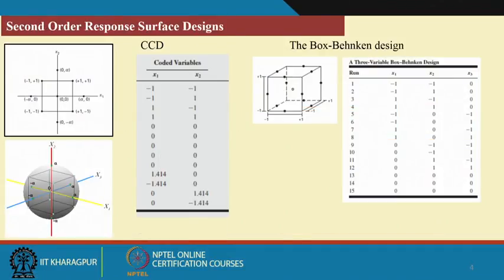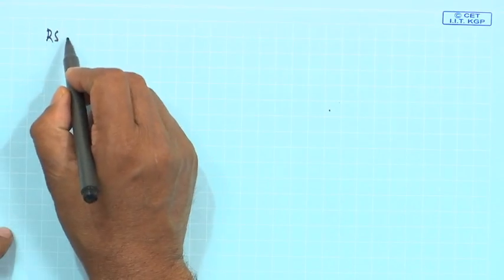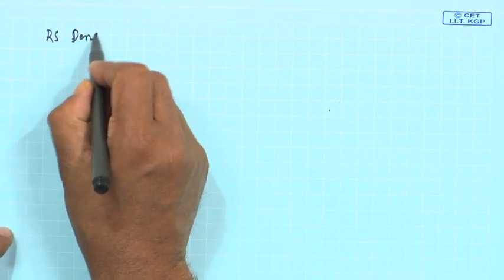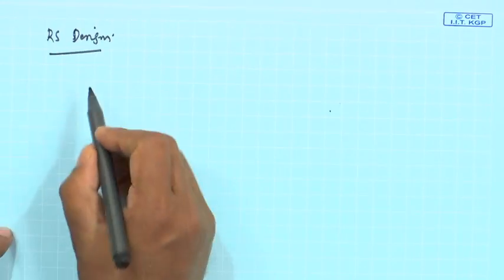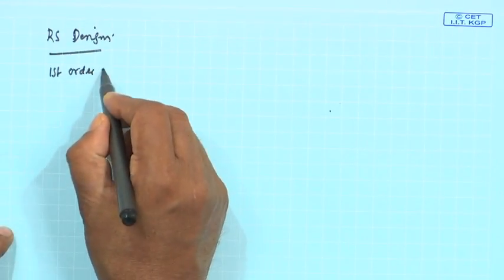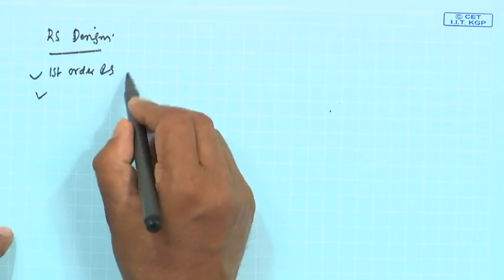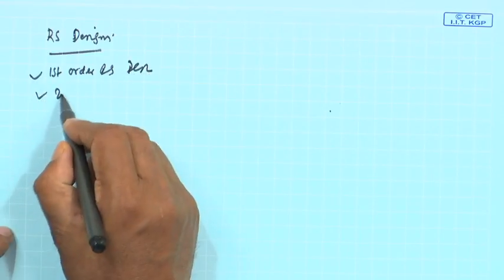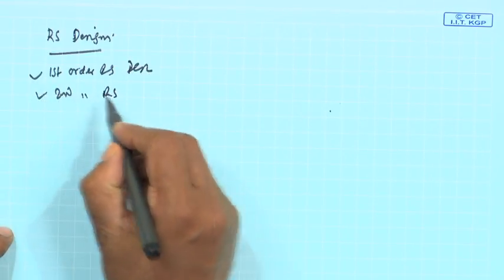If you recall my last lecture, there I said that in the response surface design, we have given you the first order response surface design, and also the second order response surface design.